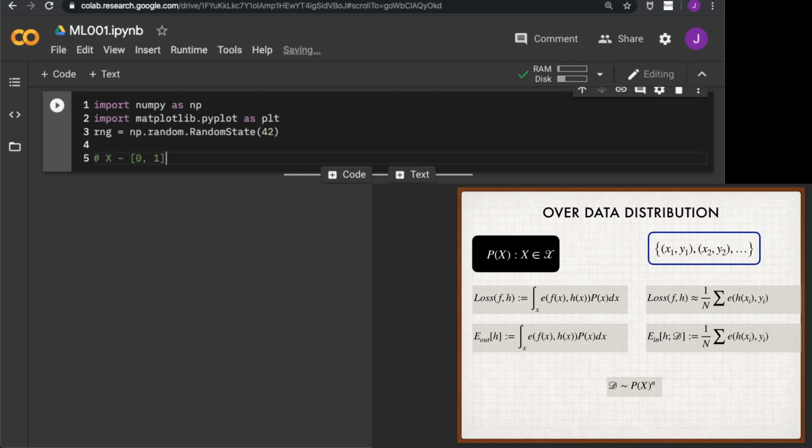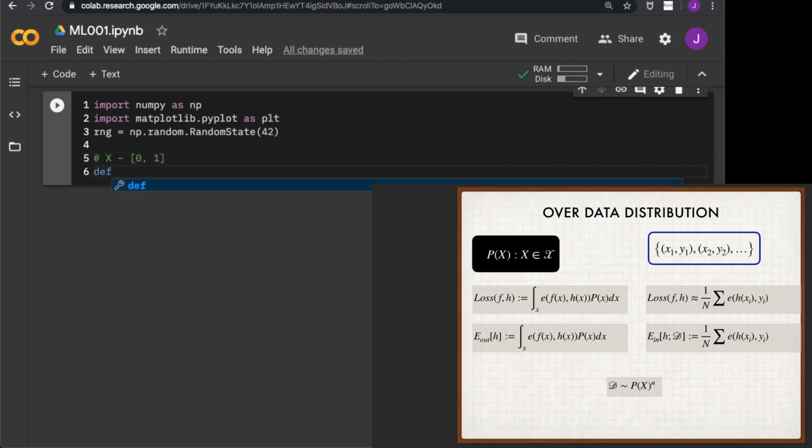Let's mark it here, and let us consider our target function to be some very simple one. It returns true when x is greater than 0.5, otherwise it returns 0. As simple as this. This is our target function.